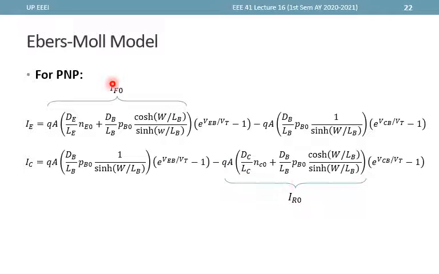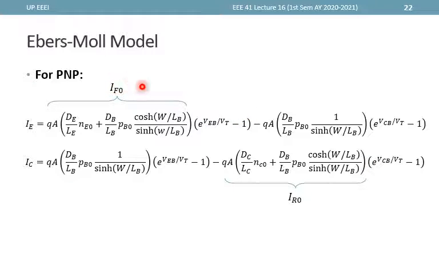Note that this IF naught is attached to the e raised to VEB term for IE, and this IR naught is attached to this e raised to VCB term for IC.